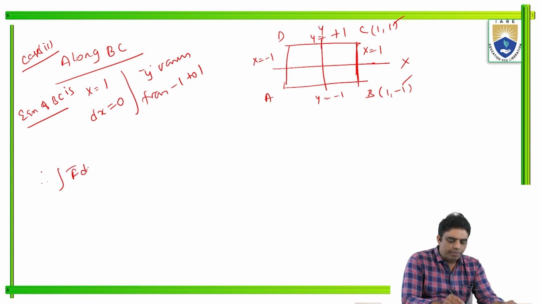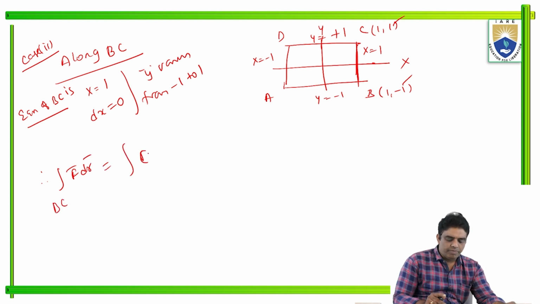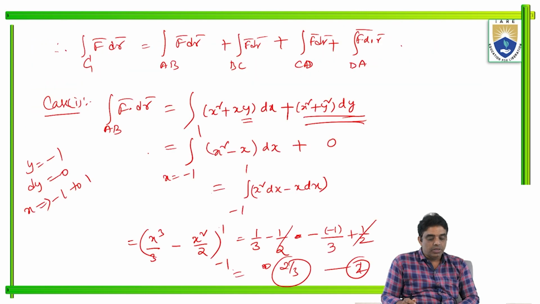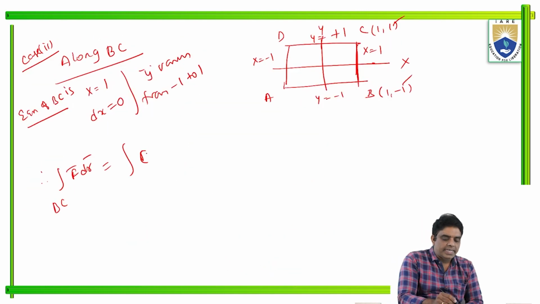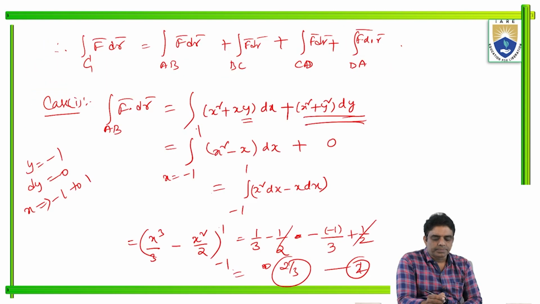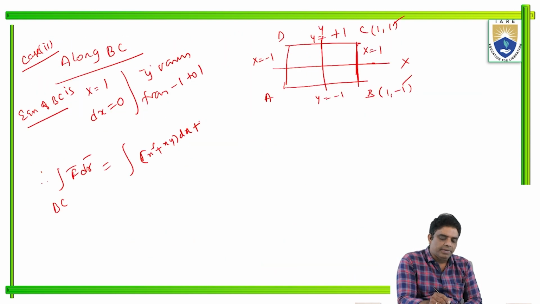Therefore, the integral of f bar dot dr bar along BC is the integral of (x square plus xy) dx plus (x square plus y square) dy.